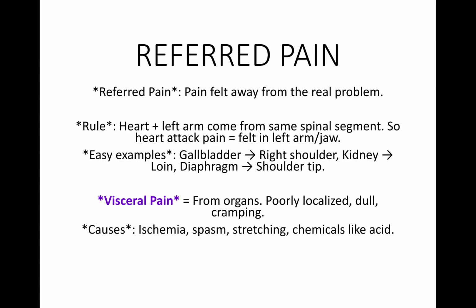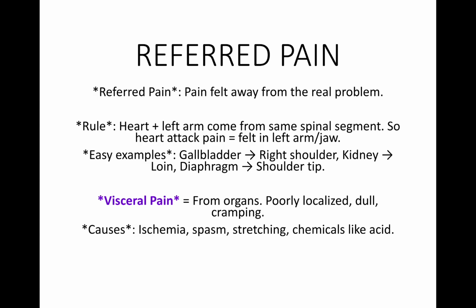Mostly people say that if you have a heart attack, you have left arm pain. When you have heart pain, it radiates towards your left arm or jaw. That is referred pain.